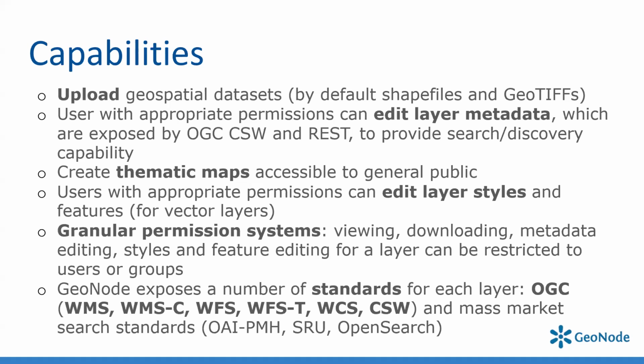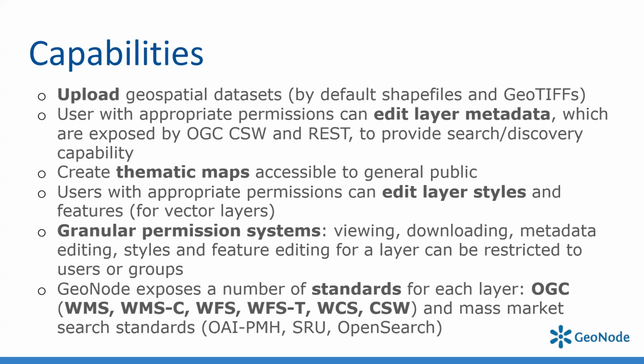So the main goal of GeoNode is to simplify the process of creating a portal with all the advantages of a web portal, so users, permissions, groups, and so on, with a specific scope, a specific functionality, which is to allow the members of this portal to share and publish geospatial datasets as easily as possible.